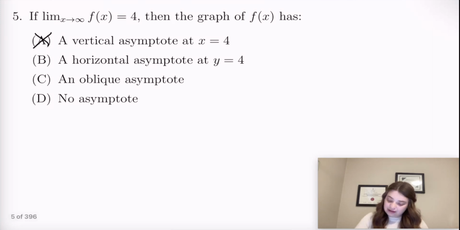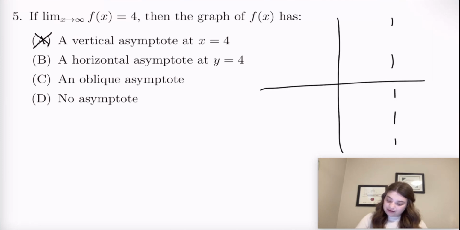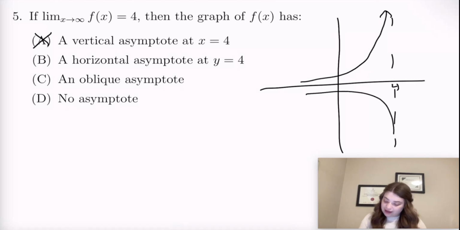If we had a vertical asymptote like this at 4, then perhaps the graph would be going like this up to 4, or like that down to 4, something like that, and approaching 4. However, it wouldn't be the case that as x approached infinity, f of x is equal to 4. No, it would be the case that as we approach 4, we end up with infinity. So this is kind of backwards for this one.